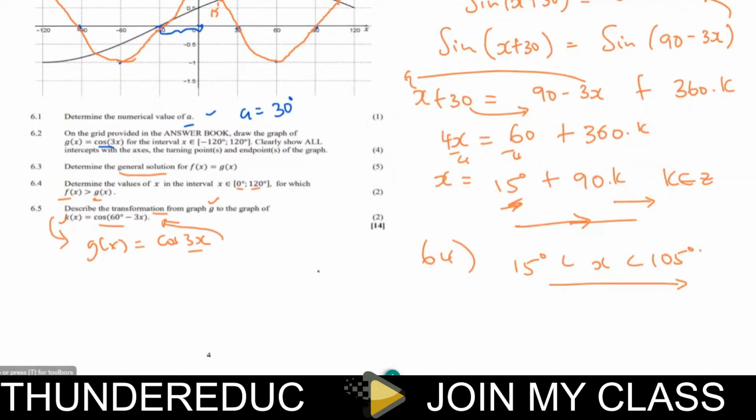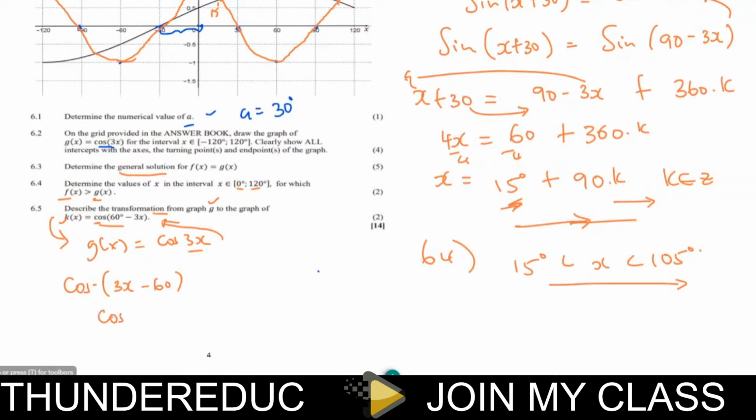So one thing we need to know is that if we factorize out a negative sign from here, it will be the cos of negative, then 360 minus 60. We say the cos of a negative angle will be the same as the cos of a positive angle. So it matters not.